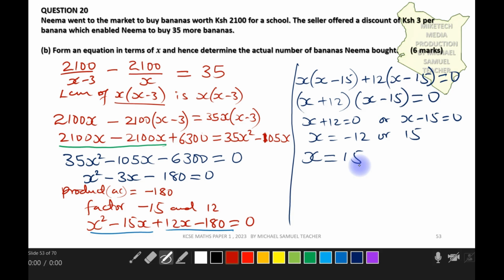So the actual number of bananas that Nema bought, that is before discount, is 2100 over x, and that is 2100 over 15.